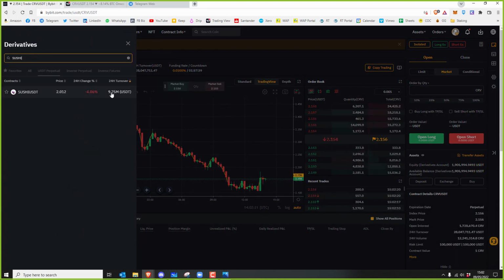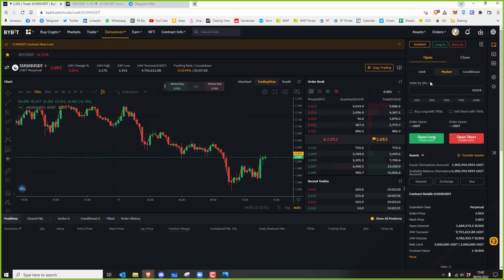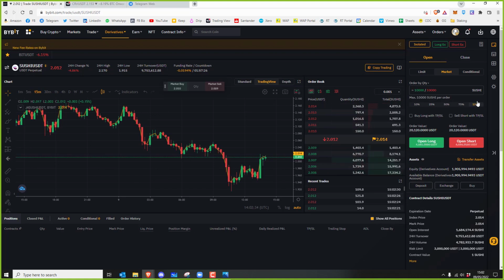Here it's only like 9 million in the last 24 hours of turnover, which doesn't mean how much liquidity it has. If you go straight across to 100%, it'll say the maximum order size I can have on Sushi, per individual order, is only 20k.